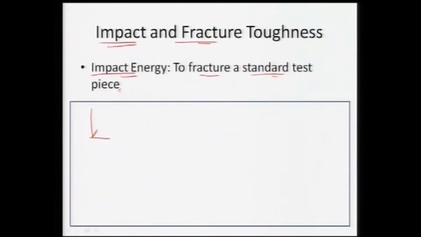So, instead of doing the entire tensile test of loading the material and then seeing the fracture, this test can immediately fracture it. So, we can get something called the fracture toughness of the material. Impact energy can be identified using Izod testing, notch bar testing, or Charpy testing.